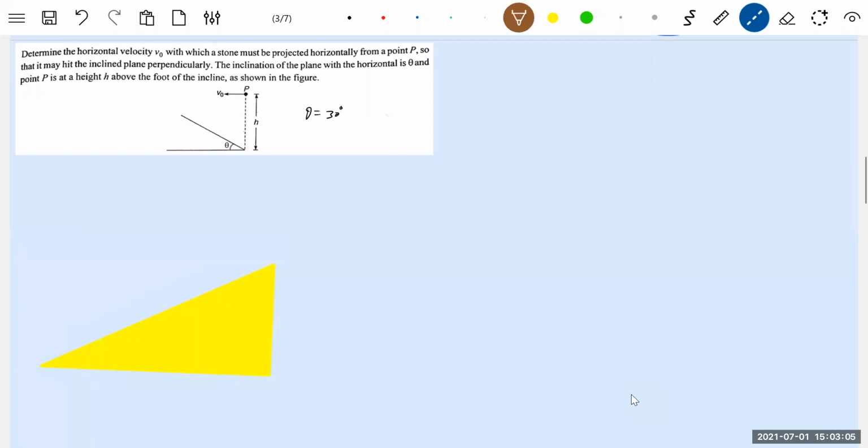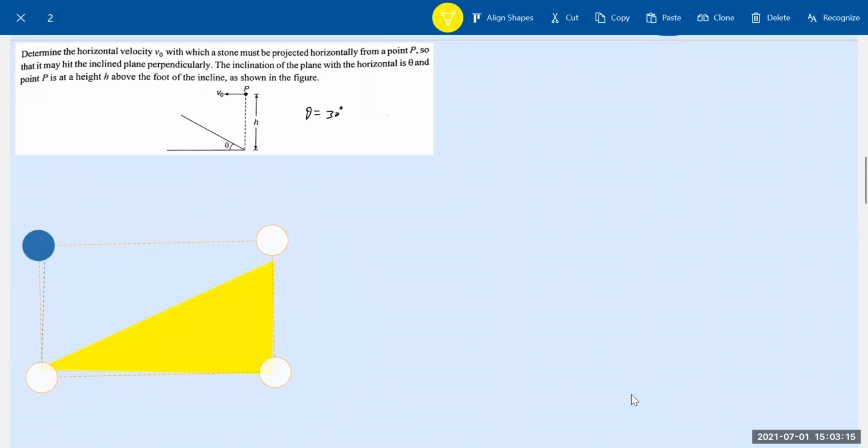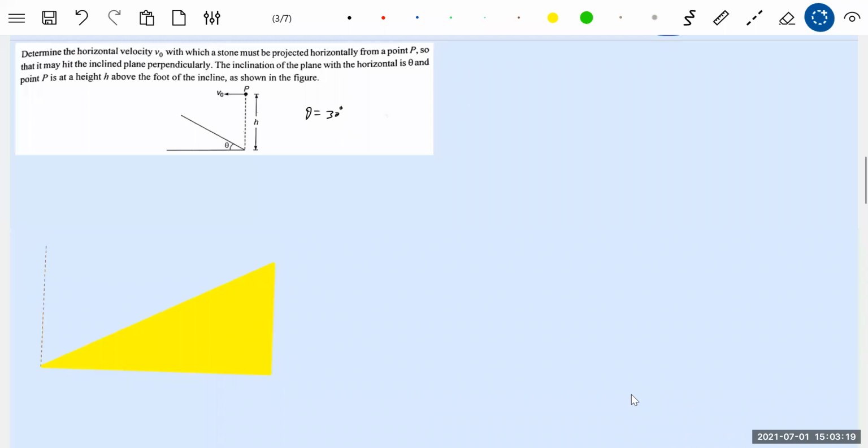You try meanwhile, I'll set the diagram. Now I'm going to project it horizontally from here. So there you're projecting left, here projecting left. It should strike the inclined plane normally, that's one.